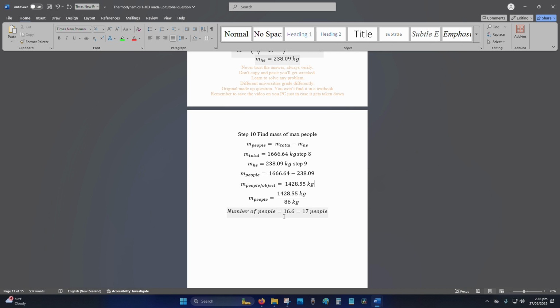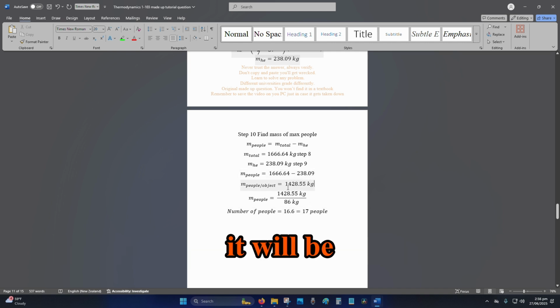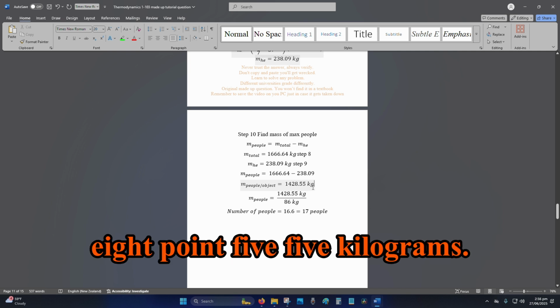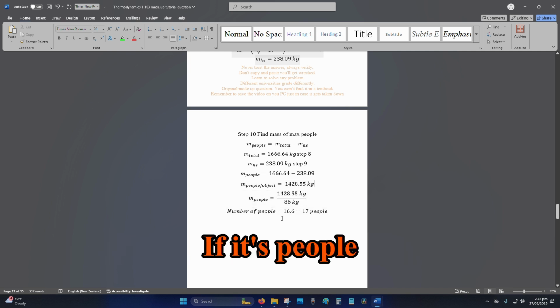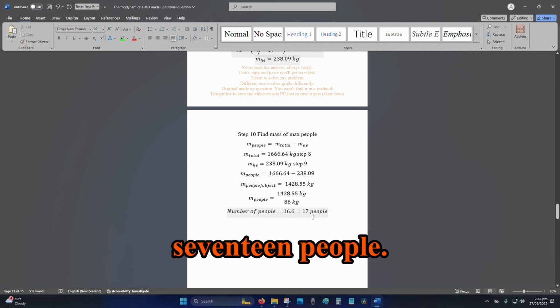Alright, so if it's just the mass or the total maximum amount of mass, it will be 1428.55 kilograms. If it's people, the maximum amount of people will be 17 people.